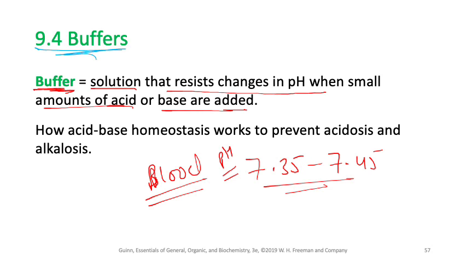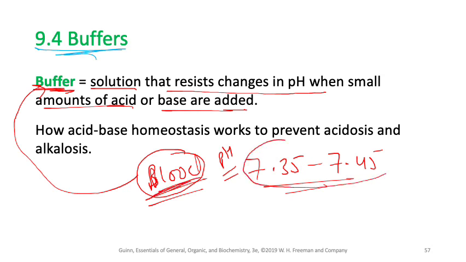Why is that the case? Why doesn't the pH of the blood change even though you eat acidic or basic food? It is because blood is a type of buffer. It resists any change in the pH value even though you are eating acidic or basic food.